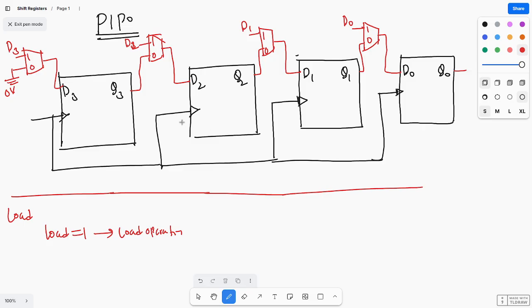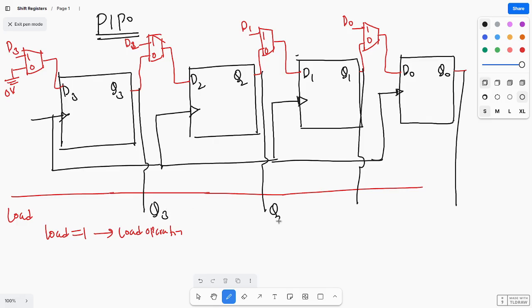What I am doing is taking Q3, Q2, Q1 and Q0 at a time. That means from here I am taking the data parallelly, so I am getting parallel data.